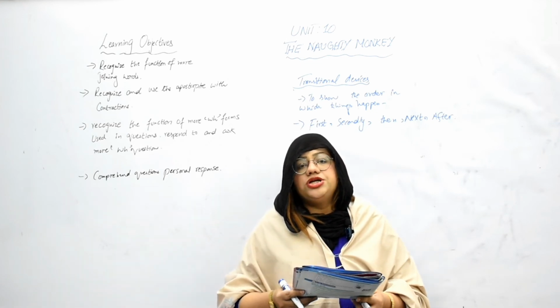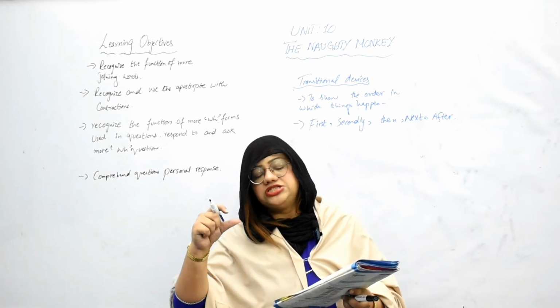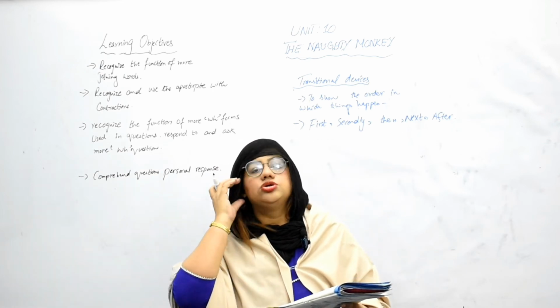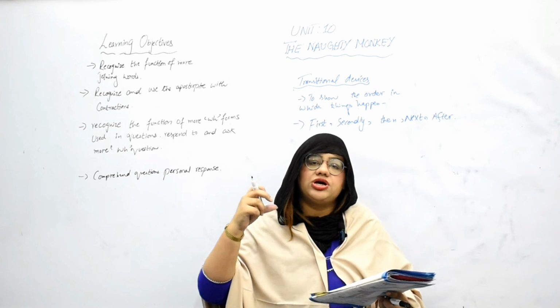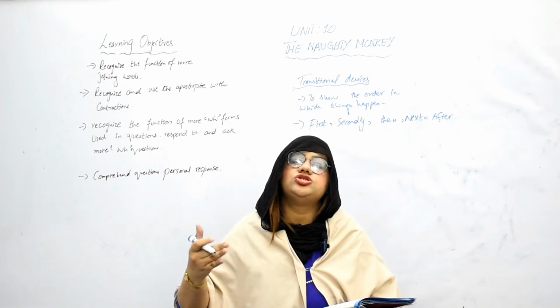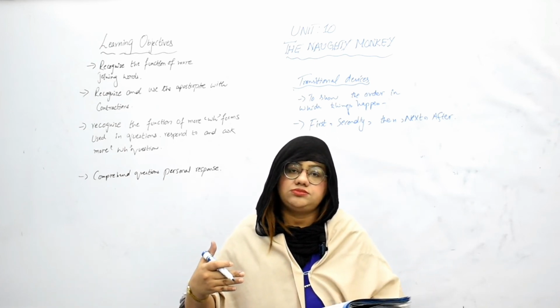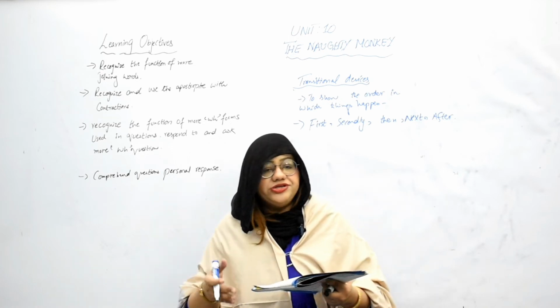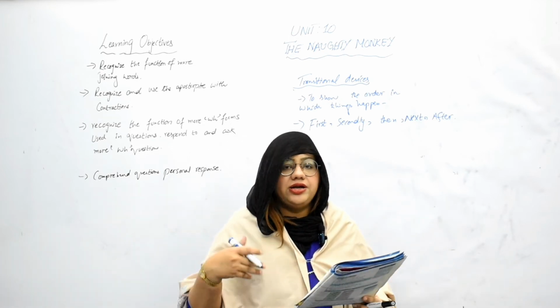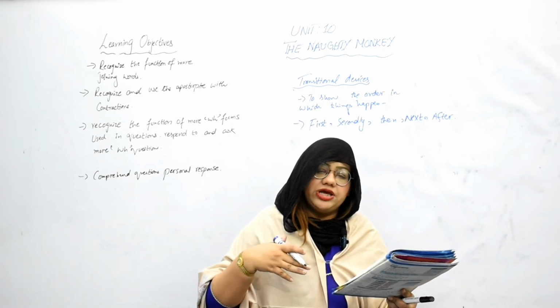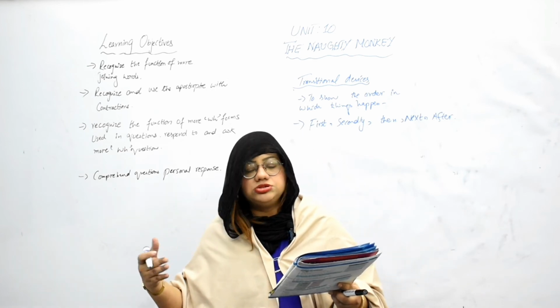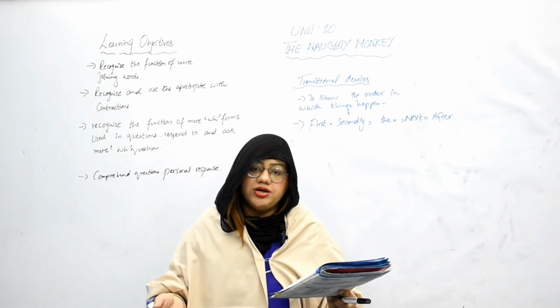Now, what you all need to do is write a paragraph in which you need to use the transitional devices. For example, yesterday I had a great lunch. First I ordered the lunch from the menu card.